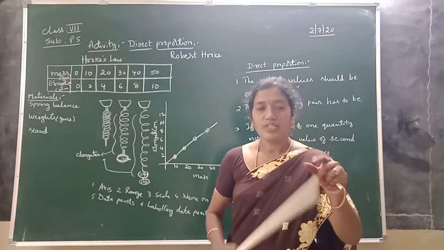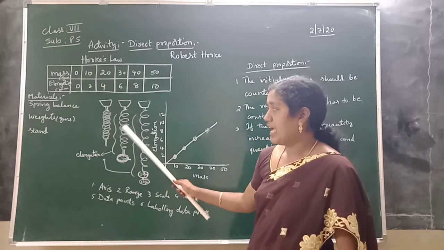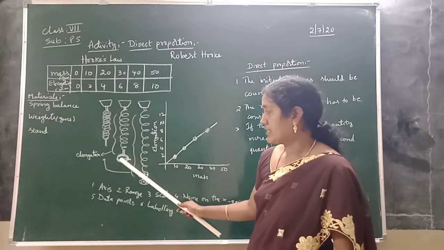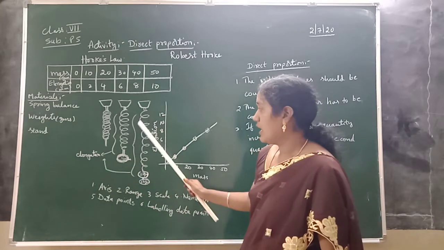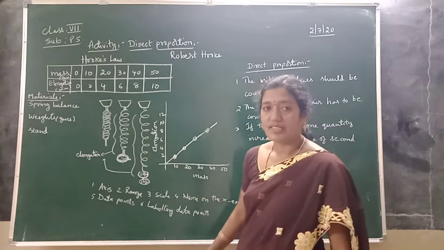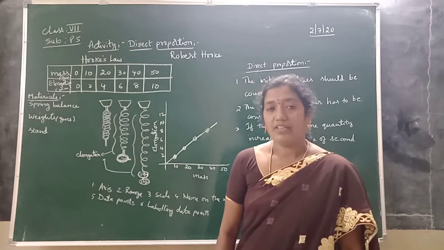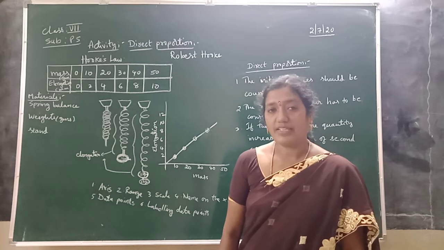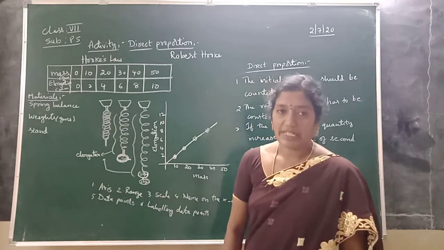If you add some weights to that one, as the weight increases, the elongation also increases. So after adding another weight to this one, the elongation in the spring increases. So here as we are increasing the weights, the elongation in the spring also increases.